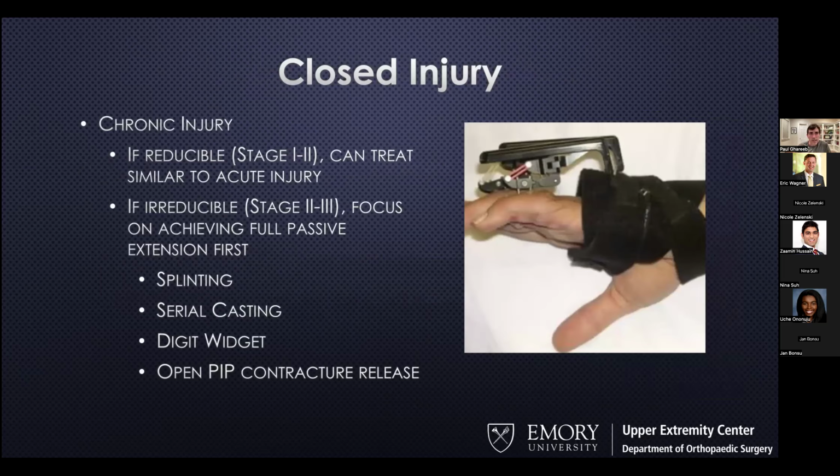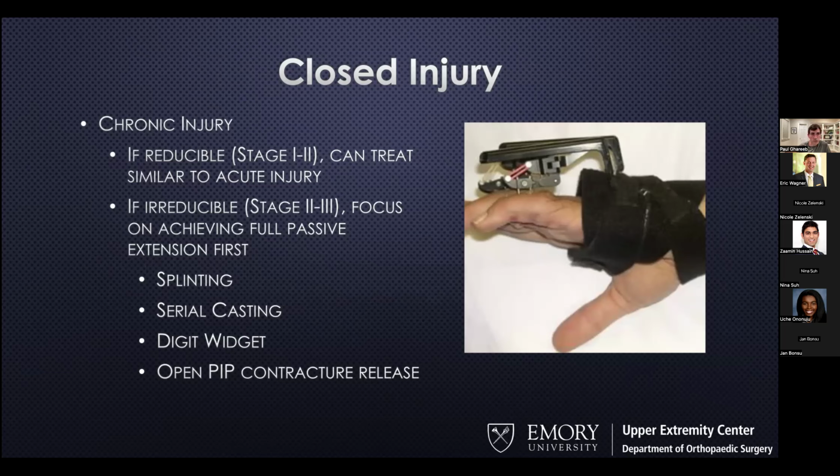For a chronic closed injury, again, if it's reducible, then you can treat it similar to an acute injury. So similar to how with subacute mallet fingers, you can still treat them with splinting in some cases.